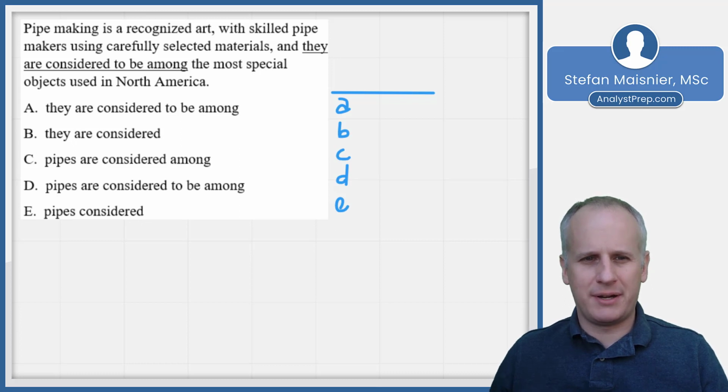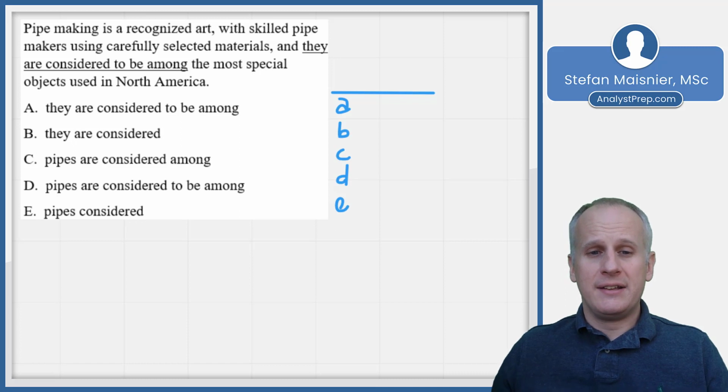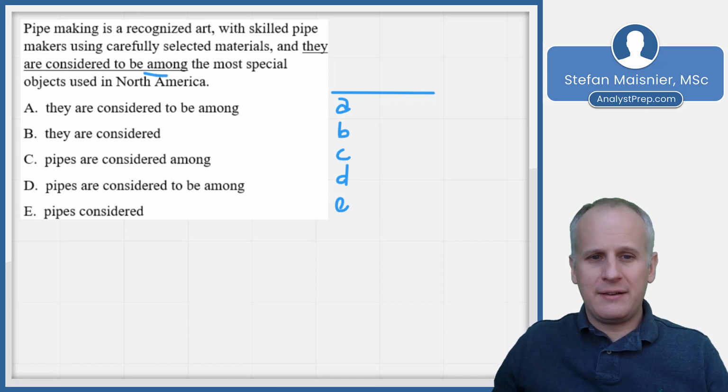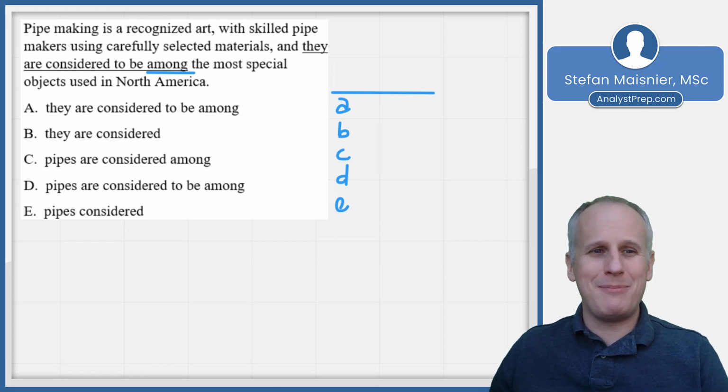So starting by reading: pipe making is a recognized art with skilled pipe makers using carefully selected materials, and they are considered to be among the most special objects used in North America. You may be thinking to yourself, hey, there's that among. We were just talking about among versus between. Maybe that's an issue in the choices.